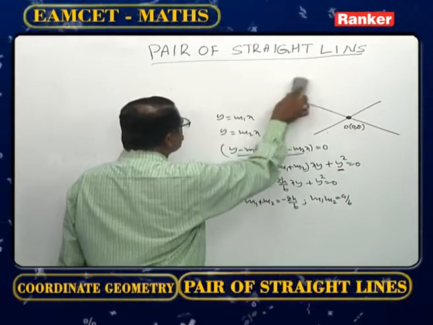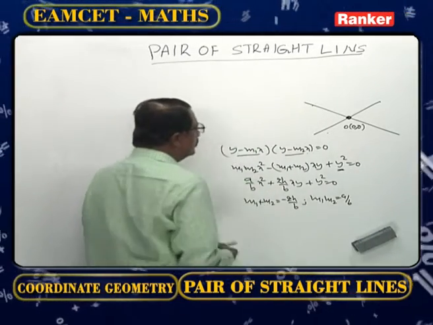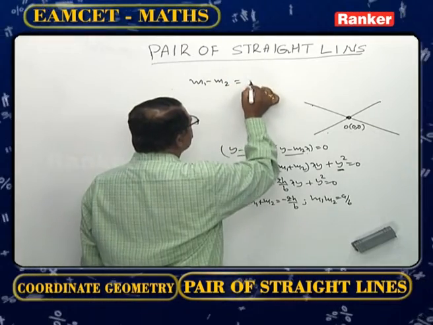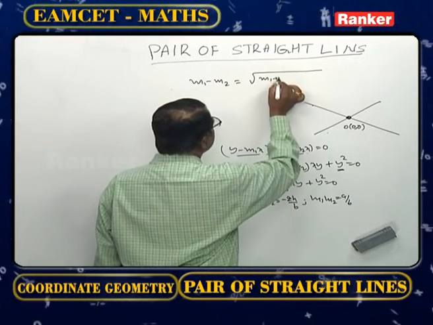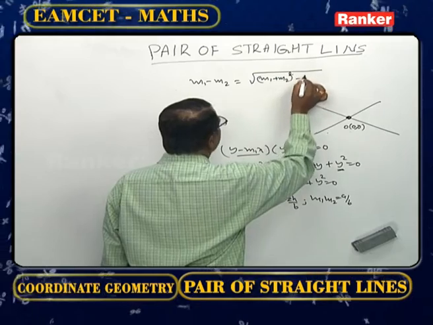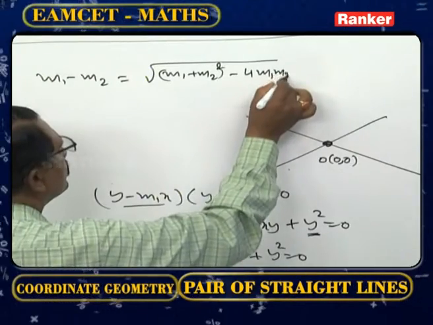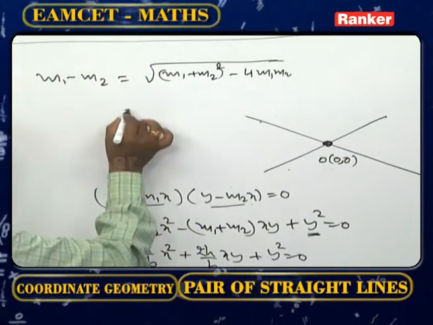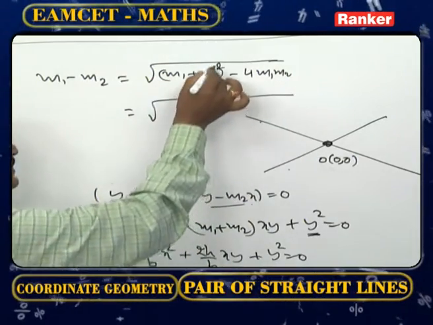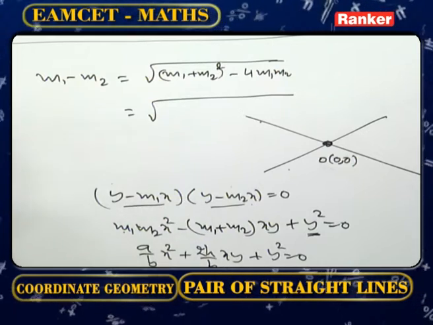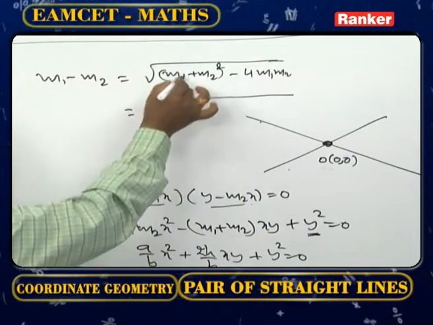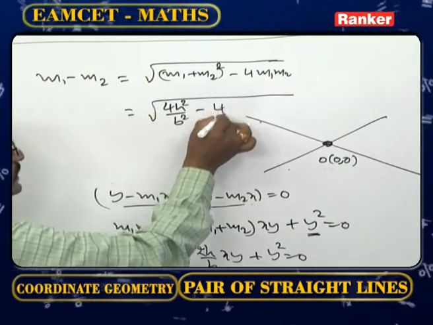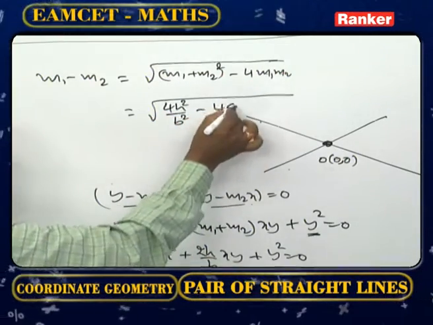And the difference of slopes m1 minus m2 equals square root of m1 plus m2 whole square minus 4 m1 m2, just as a minus b equals square root of a plus b whole square minus 4ab. Here the sum of slopes m1 plus m2 equals minus 2h by b, so m1 plus m2 whole square equals 4h square by b square, minus 4 into the product of slopes a by b.